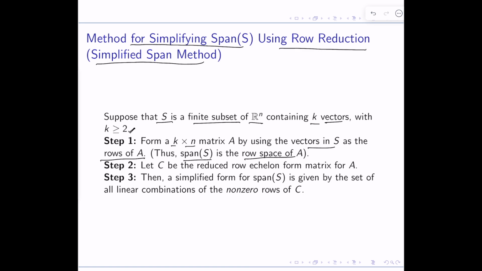Then apply RREF to A and get matrix C. Once C is the reduced row echelon form of A, the simplified form of the span is given by the set of all linear combinations of the non-zero rows of C. So whatever non-zero rows you get, you take the linear combination and simplify it. That will be the span of the given set.